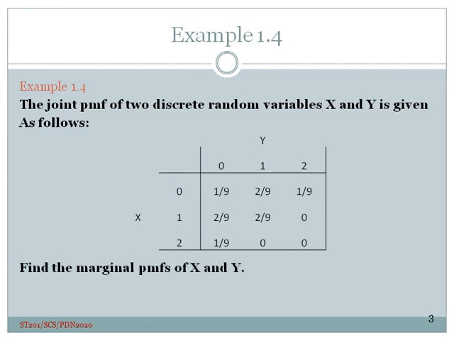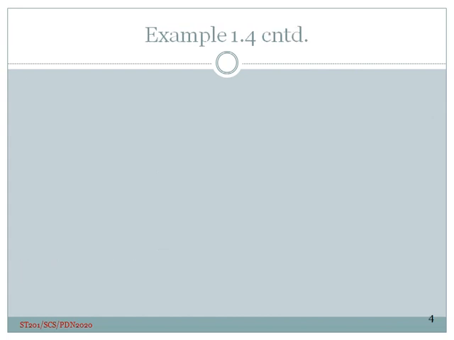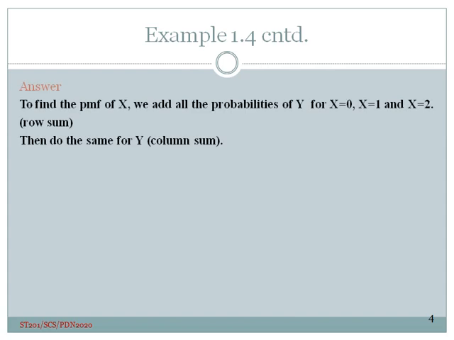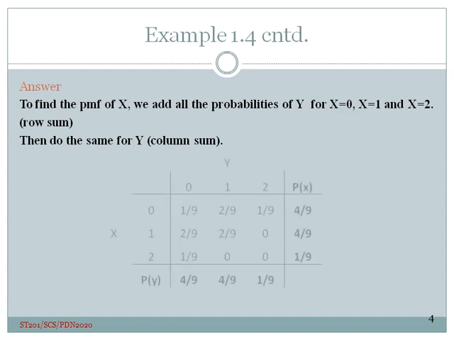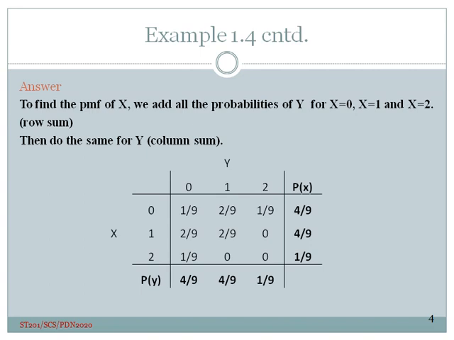Now let's find the marginal PMFs of x and y. To find the PMF of x, we add all the probabilities of y for x equals 0, x equals 1 and x equals 2. That is the row sum. For example, when x is 0, we add up all values for y equals 0, y equals 1 and y equals 2.